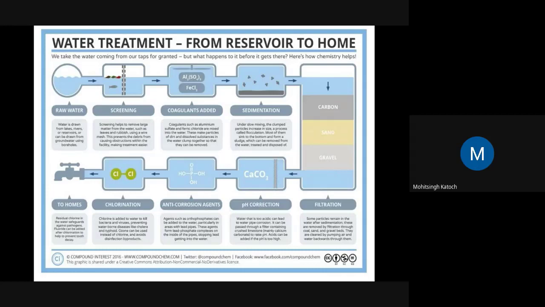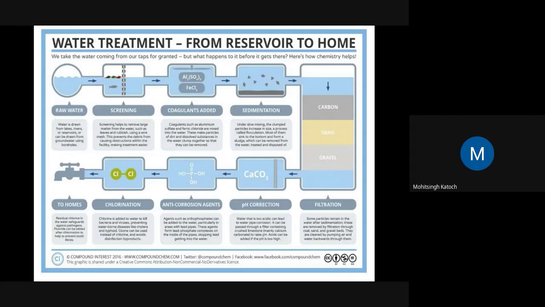Here we kill the remaining disease-producing bacteria and all the viruses. For this, chlorine is used. So chlorine is added to water to kill the bacteria and viruses. This helps in preventing waterborne diseases like cholera and typhoid.